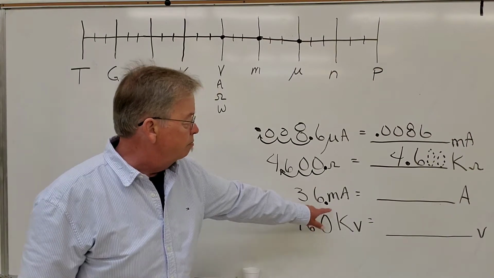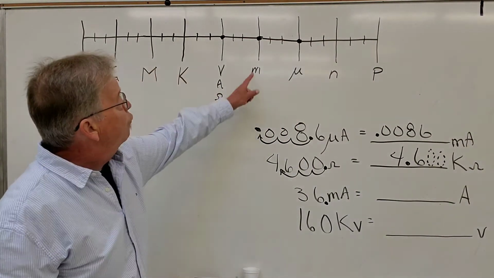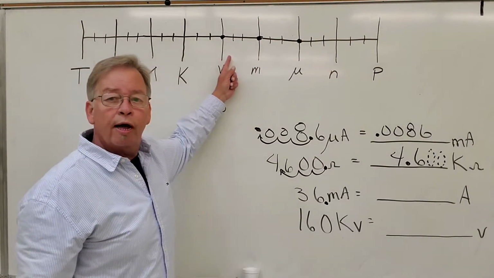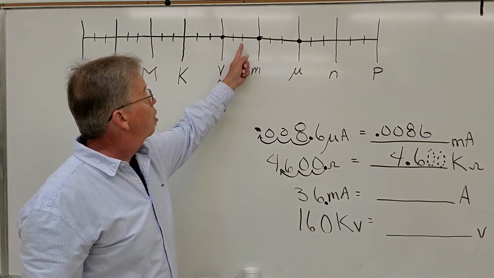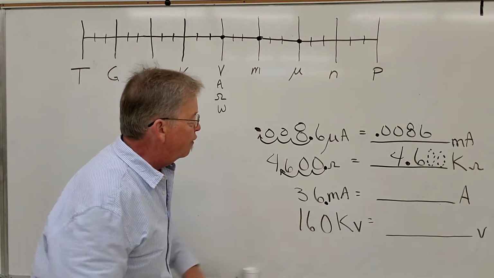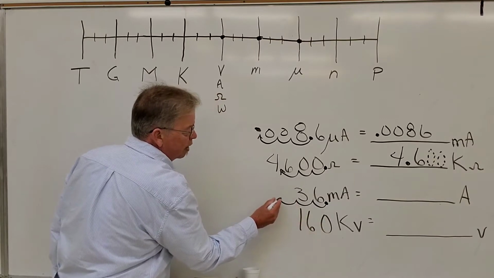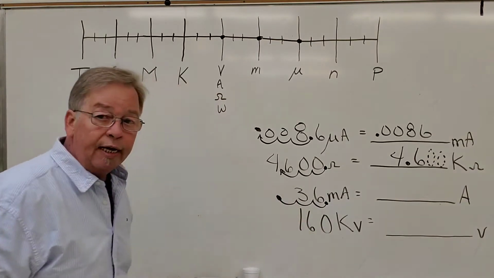So I need to move it to the regular amp spot. So from the milli spot to the regular amp spot, it's 1, 2, 3 places to the left. So if I move this 1, 2, 3 places to the left, I got that space again.